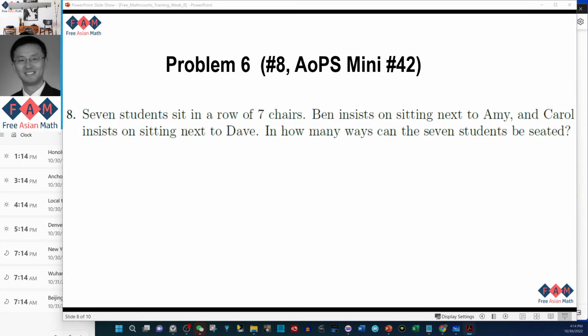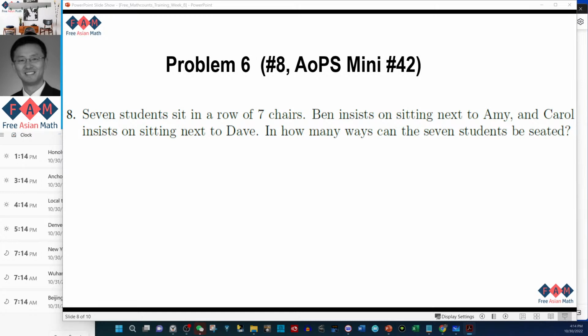Maybe only Ben likes Amy, but Ben insists on that. And Carol insists on sitting next to Dave. In how many ways can the 7 students be seated?